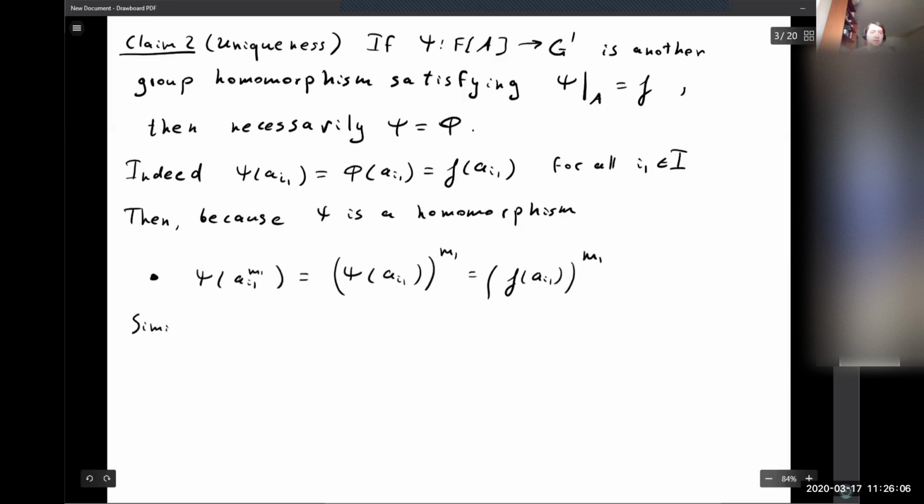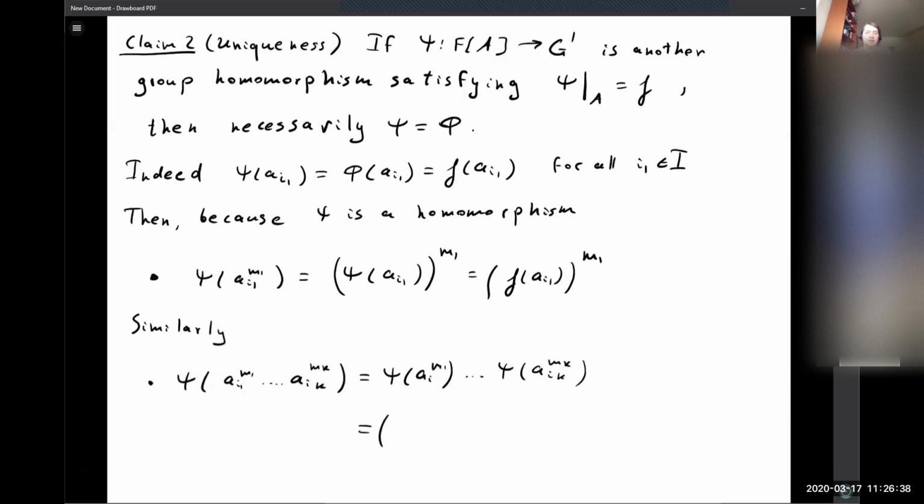And similarly, if we take the product of A_{i1} to the power m1 all the way to A_{iK} to the power mK, then the result must be the product of psi of A_{i1} to the power m1 all the way to psi of A_{iK} to the power mK, and that must be exactly the formula we used to define phi in the first place.